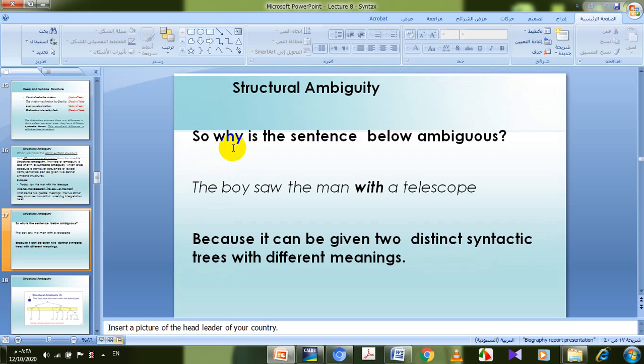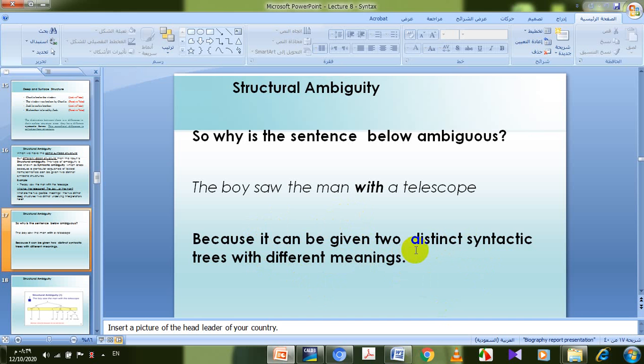Okay, so why is the sentence below ambiguous? The boy saw the man with a telescope. Because it can be given two distinct syntactic trees with different meanings. If we analyze it with tree diagrams, this is the interpretation of syntactic structure.